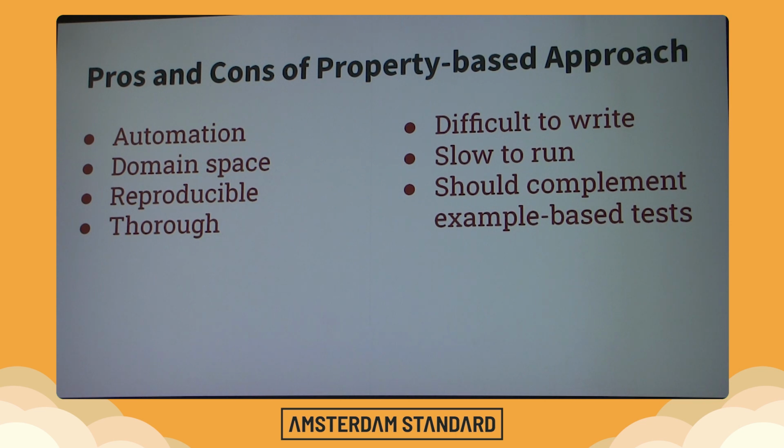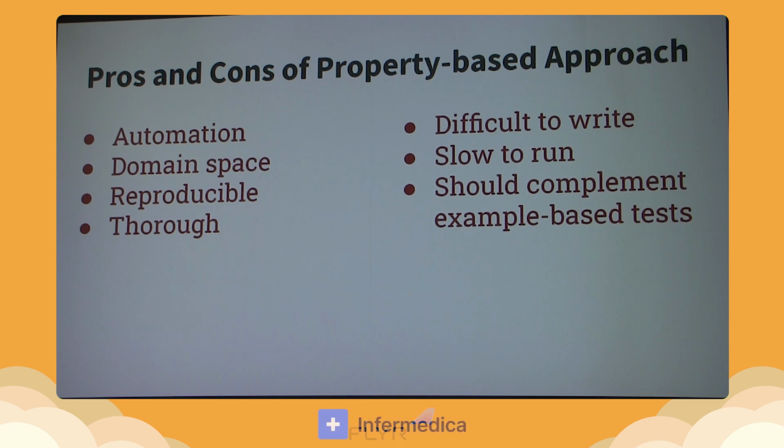Mainly in situations where you can turn examples into properties, the property-based approach is the best choice. That happens when you have mathematical code, for example, or you have simple code. But there are situations where the property-based approach and even Hypothesis doesn't make sense, and the property-based approach shouldn't be used.